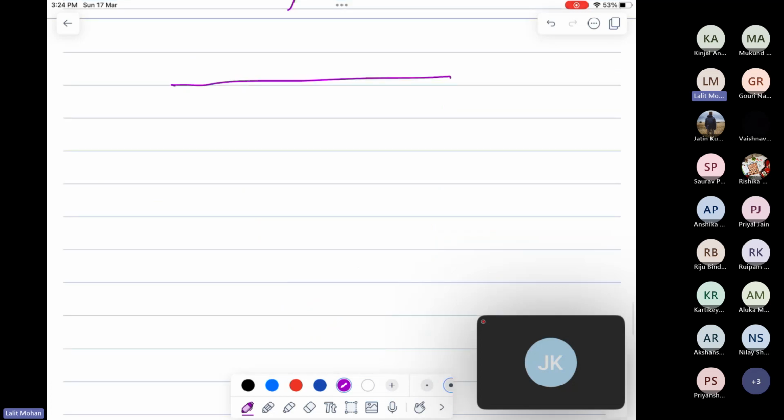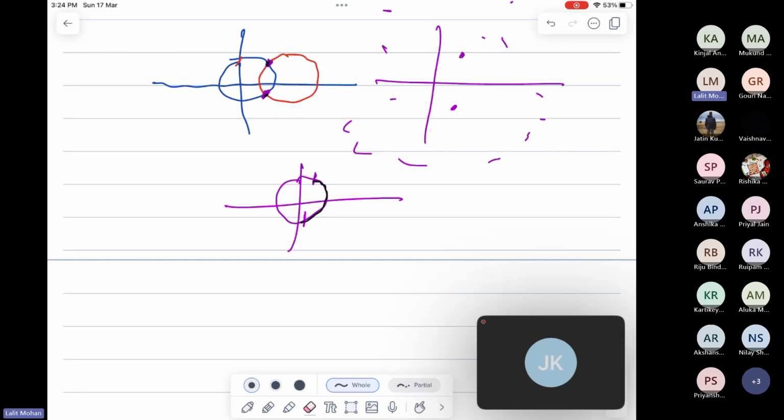In R similarly we have a result: a connected set is either a singleton or an interval, not 2 or 3 points. So remember that a finite set in Rn is disconnected; this will help you construct counterexamples related to connectedness.